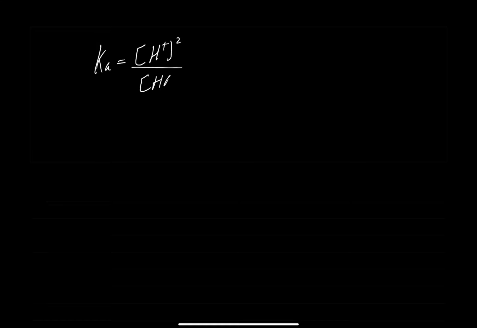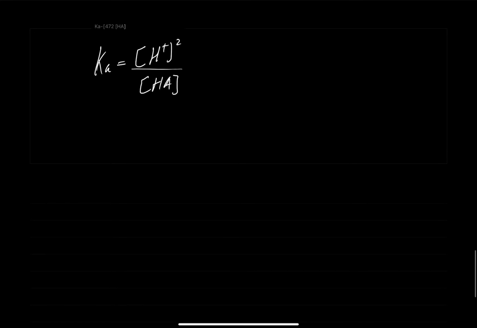Now, how am I going to work out HA? Well, I need to rearrange this equation to HA. HA is equal to H plus squared over Ka.